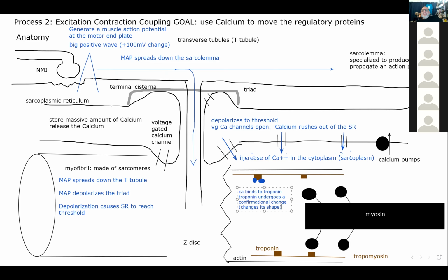And when it changes its shape, it causes a rotation of the tropomyosin. So basically, when it changes shape, it rotates the tropomyosin on the actin.